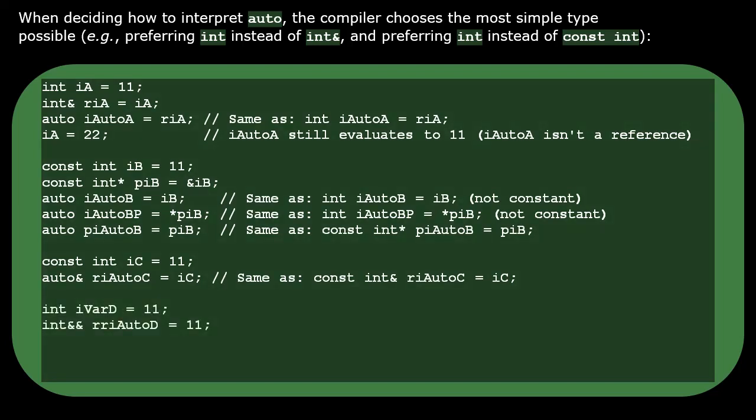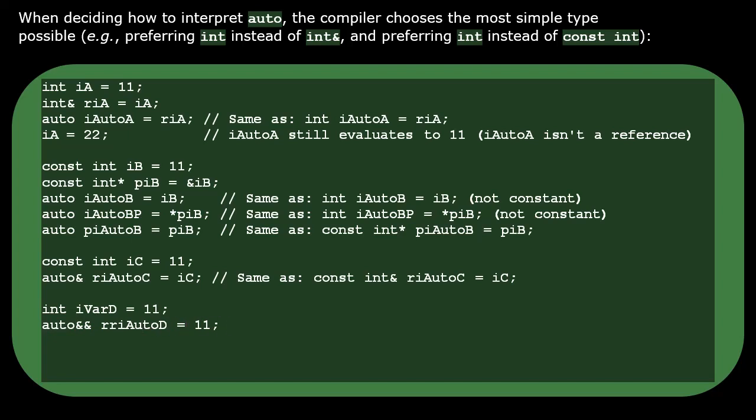Recall from one of our other videos that an R-value reference is a new type that acts somewhat like a traditional L-value reference, but it's programmed using two ampersand symbols to make it distinguishable from an L-value reference. The purpose of an R-value reference was to indicate that something either is an R-value, such as compiler temporaries, or should be treated as an R-value, in the sense that we want move semantics to efficiently move a data payload out of an object.